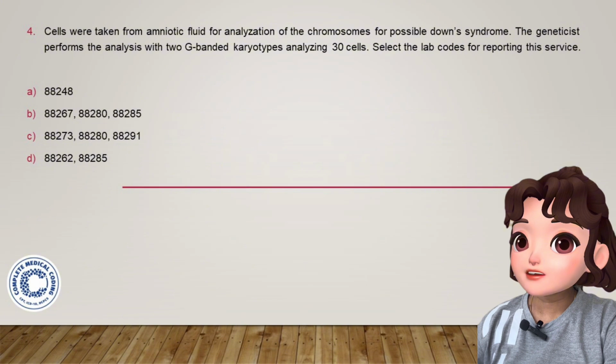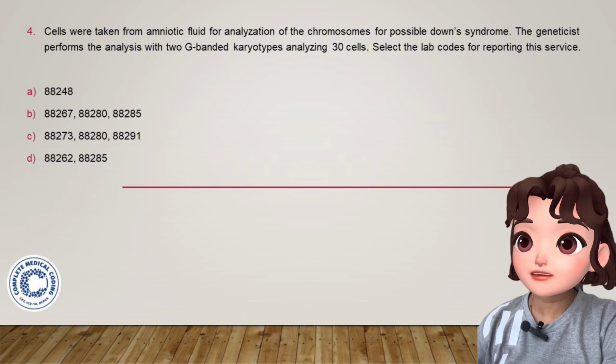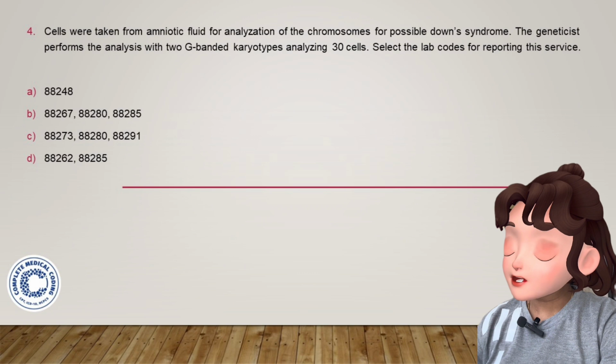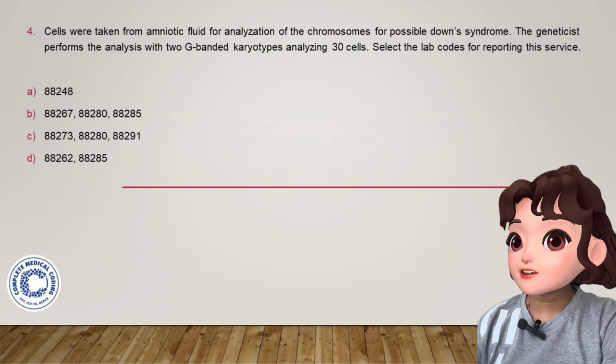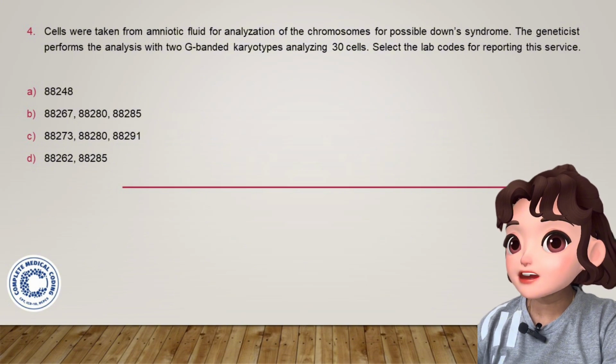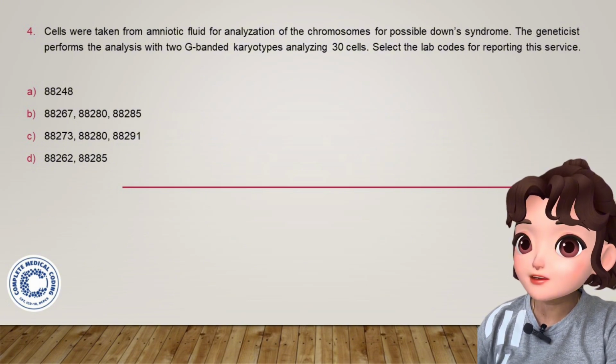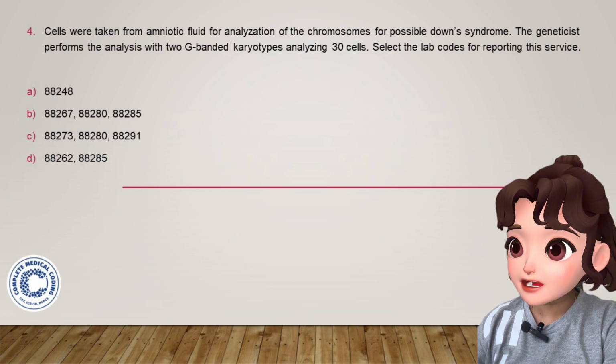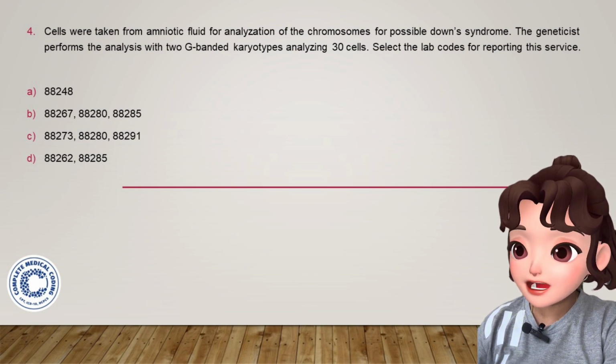Now what is the next code? Same option B, next code 88280 and 285. 88280 represents chromosome analysis, additional karyotypes, each study. Because in our question it's mentioned that the geneticist performs the analysis with two G-banded karyotypes analyzing 30 cells. 30 cells they have analyzed.